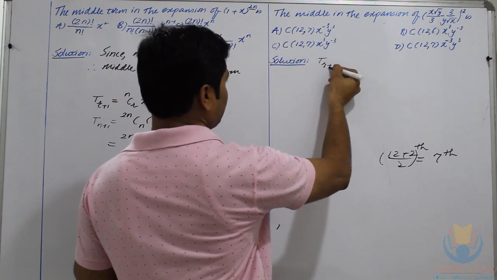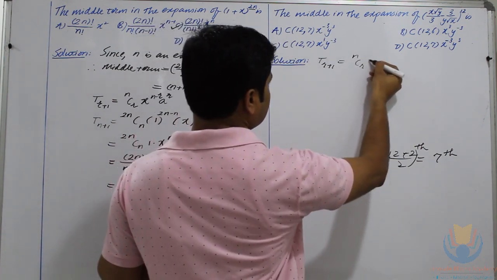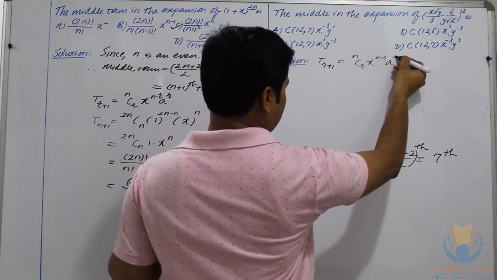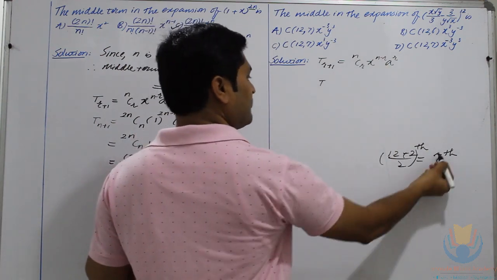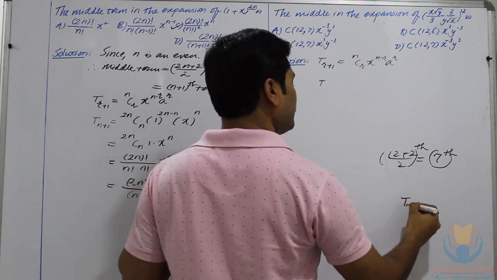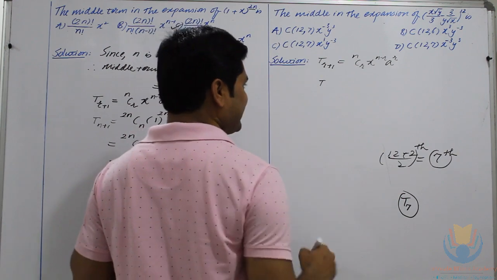First of all, we will write this formula. T(r+1) is equal to nCr x raised to n minus r into a raised to r. And therefore, as I said, we are going to find out the value of T7, as this is going to be the middle term. So the value of r should be 6 there.